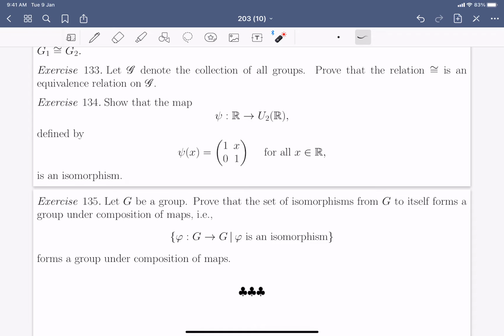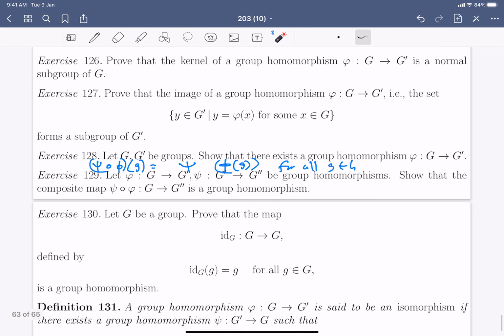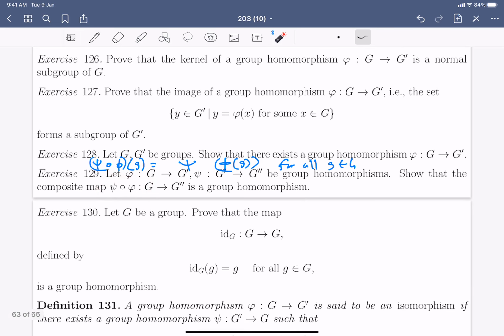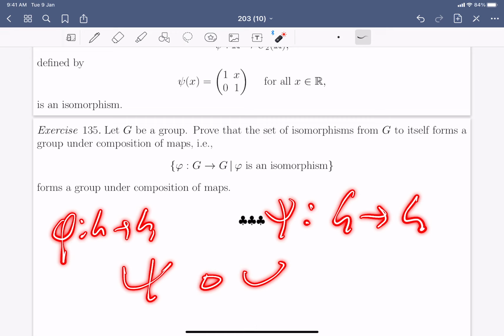If we have two group homomorphisms phi and psi, where the target space of phi is the same as the domain of psi, then you can look at the map psi composite phi. So here, if you have a map phi from G to G, and another group isomorphism psi from G to G, then you can certainly compose psi with phi. So this is the composition of functions.